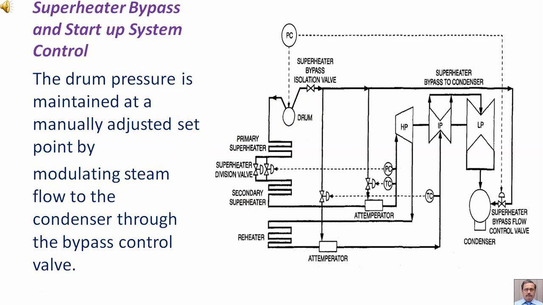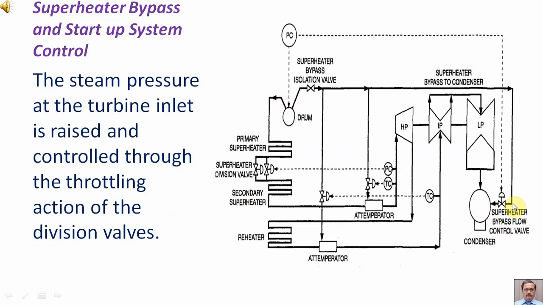The drum pressure is maintained at a manually adjusted set point by modulating steam flow to the condenser through the bypass control valve. The steam pressure at the turbine inlet is raised and controlled through the throttling action of the division valves.